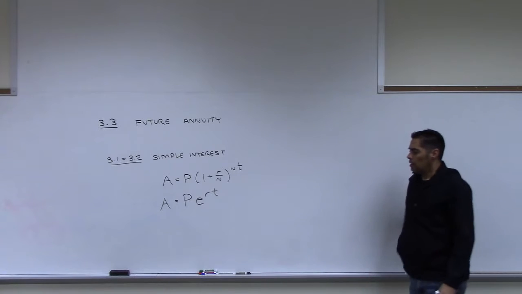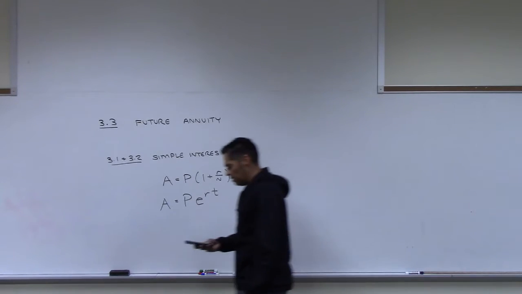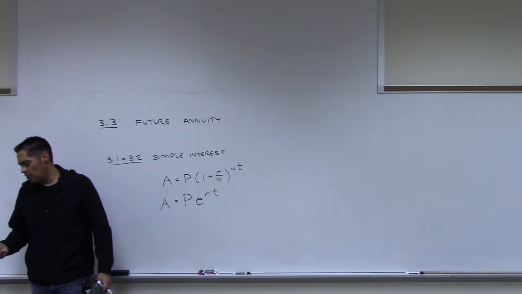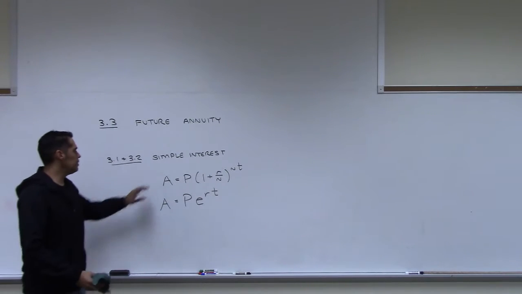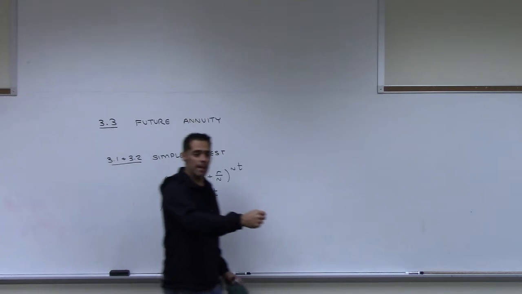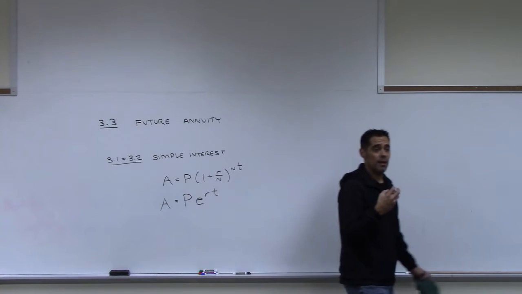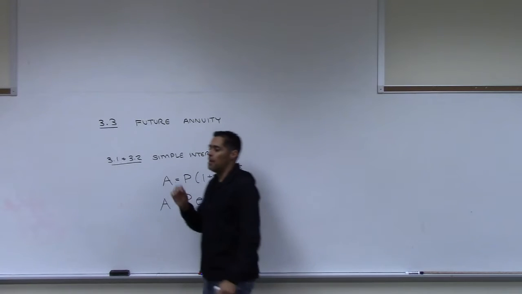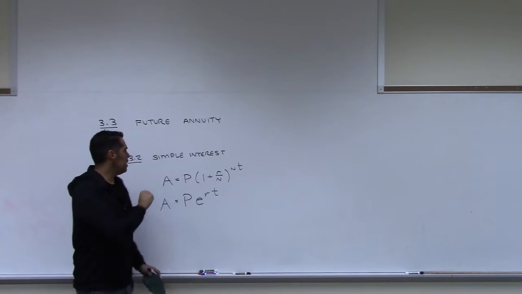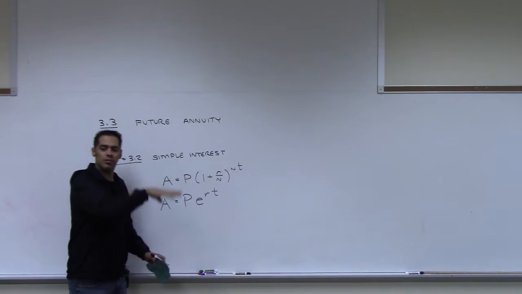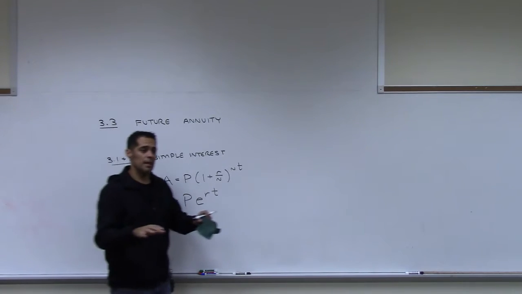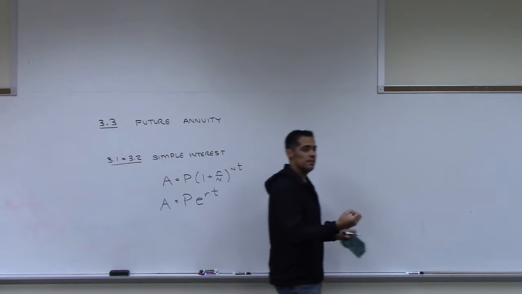Now, one thing that you need to notice is that with both of these formulas, we put money into the bank or we borrow money, right? One of the two situations. Let's go with the idea that we put money into the bank at a certain interest rate for a certain amount of time, and we don't touch it. It just sits there earning interest.